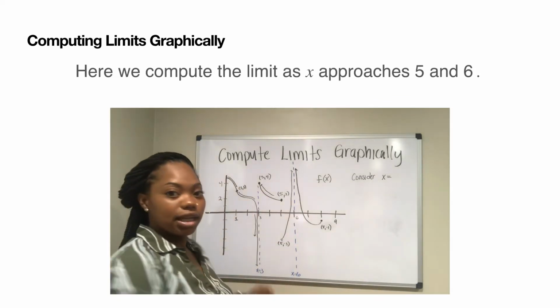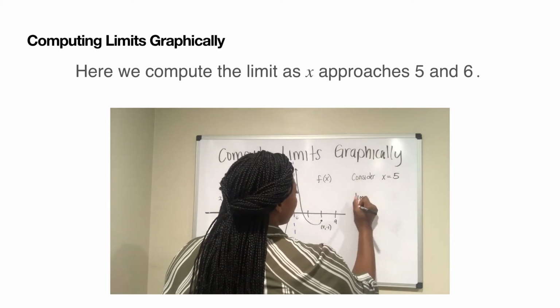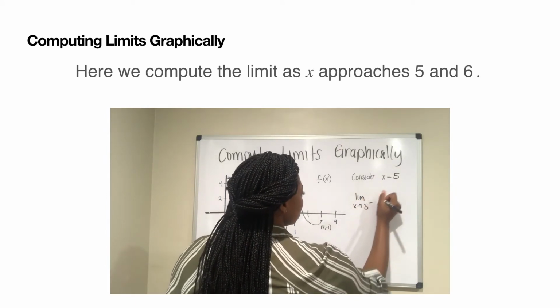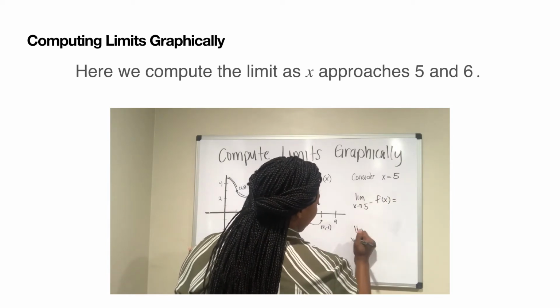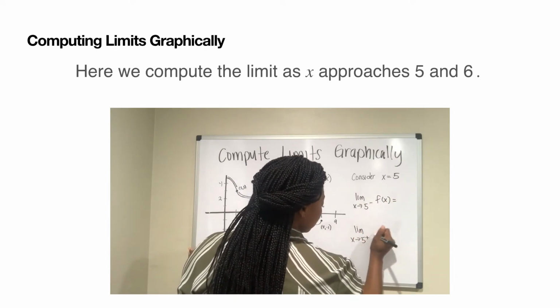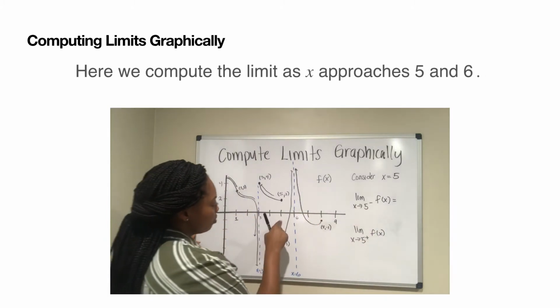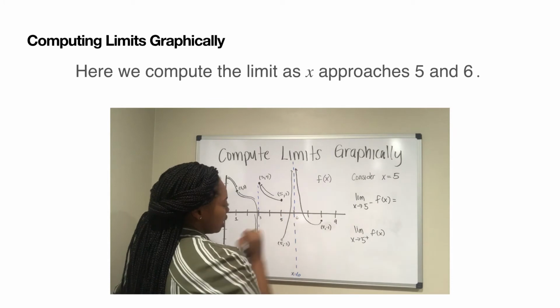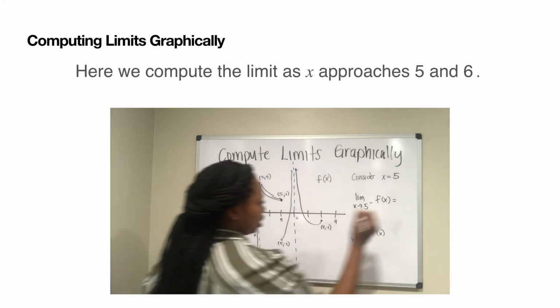So the limit as x approaches 5, we want to compute your limit from the left, and we want to compute the limit from the right. As we approach 5 from the left, so here's 5 on our number line. As I approach it from the left, my y values are getting closer to 2.